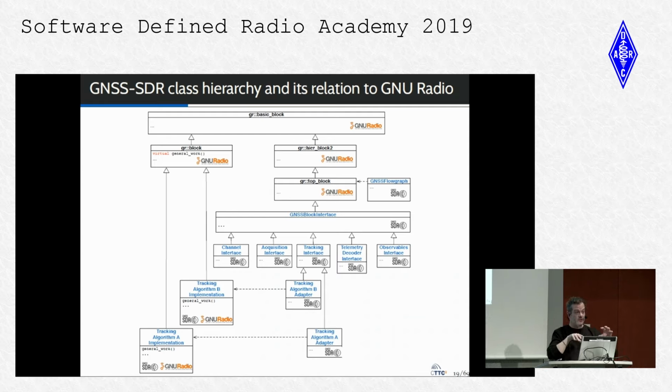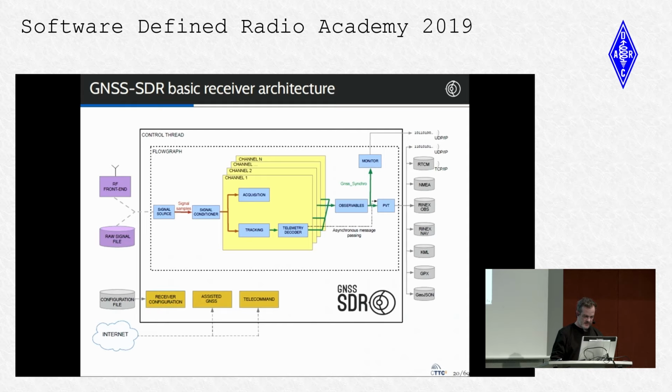So with the same flow graph, we can test many different algorithms. It's very easy: if you come up with a new algorithm for signal detection, you can just plug it there, and you will see how it works in the whole receiver, which is quite nice. So this is the flow graph in more detail.